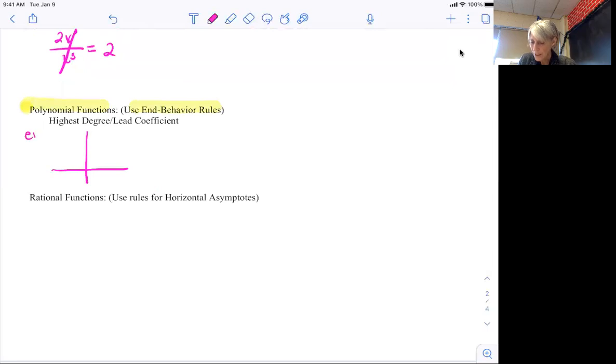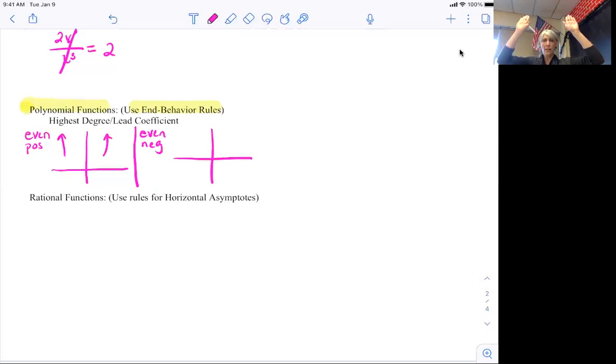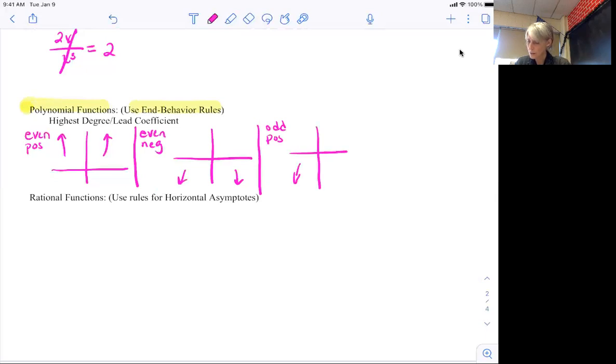If it's even degree and positive, our end behavior is up, up. Even degree and negative, well, based on transformations, that's going to flip our graph down, down. Odd degree and positive, that's when we get this guy here.